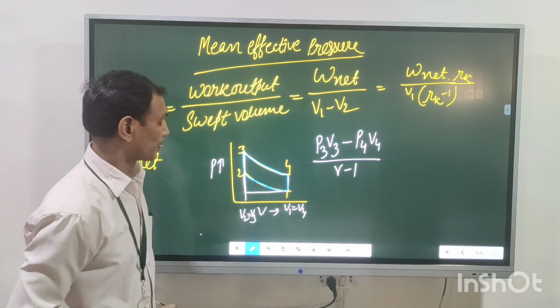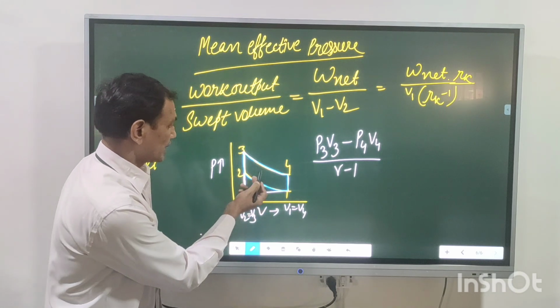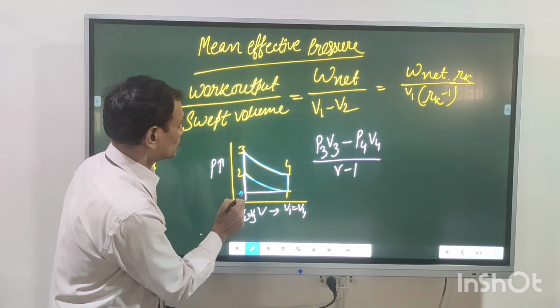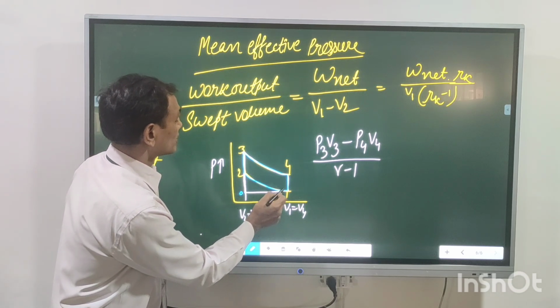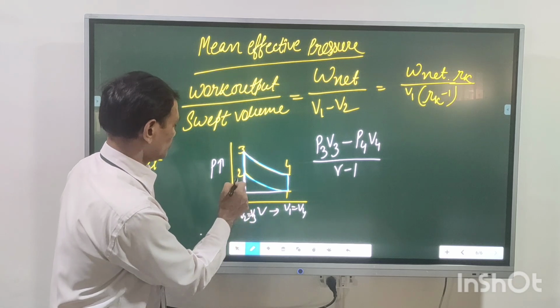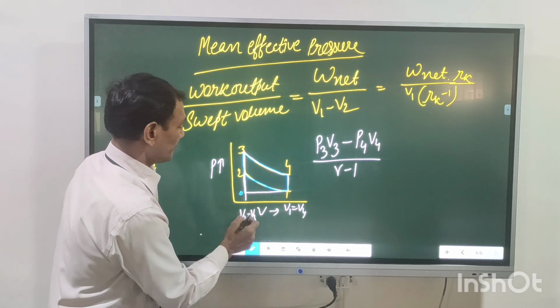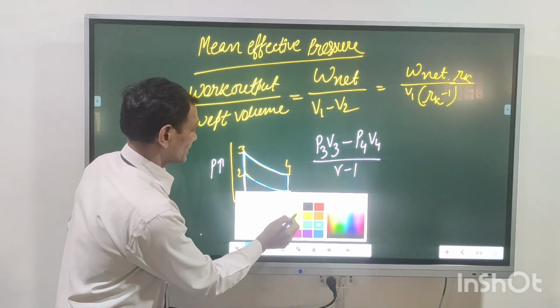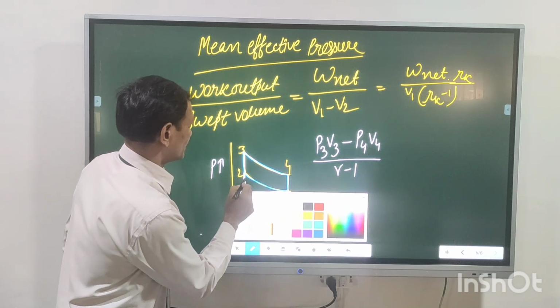So at first, for finding out this area, we calculate here, suppose 0, 3, 4, 1, and we subtract this area.